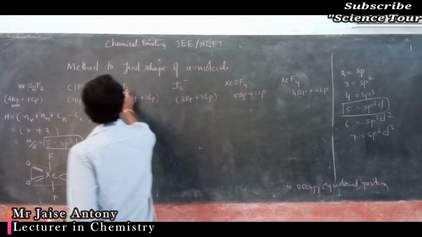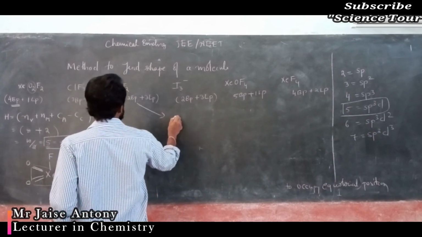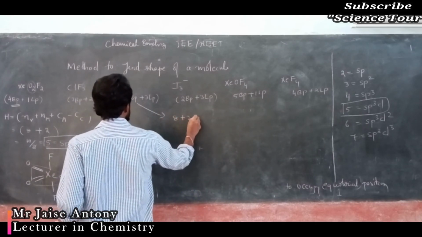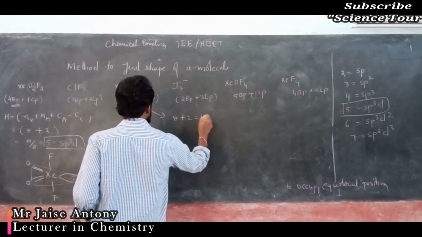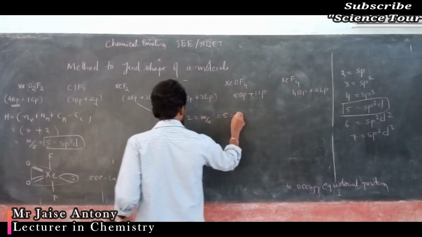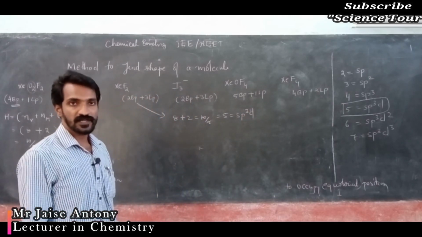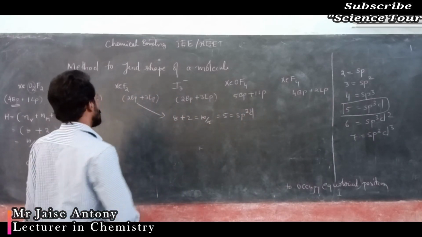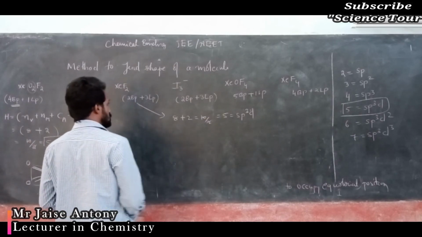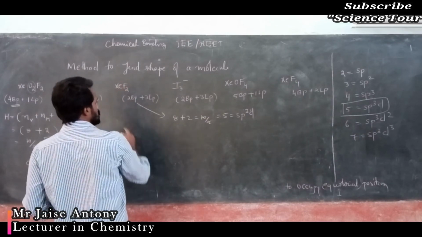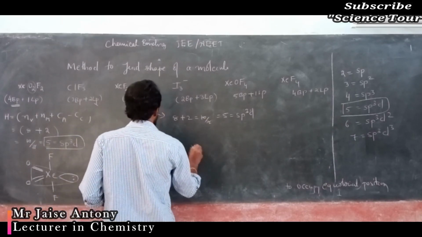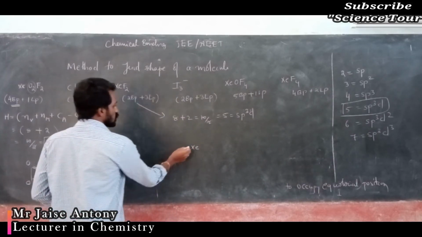Xenon fluoride, this one. Xenon has 8 electrons, 8 plus 2 means 10 electrons, 10 divided by 2 means 5. Again it is 5 only, sp3d. General geometry is trigonal bipyramidal. But at the same time, my dear students, the shape is different. Xenon, and how many lone pairs are there? 3 lone pairs.